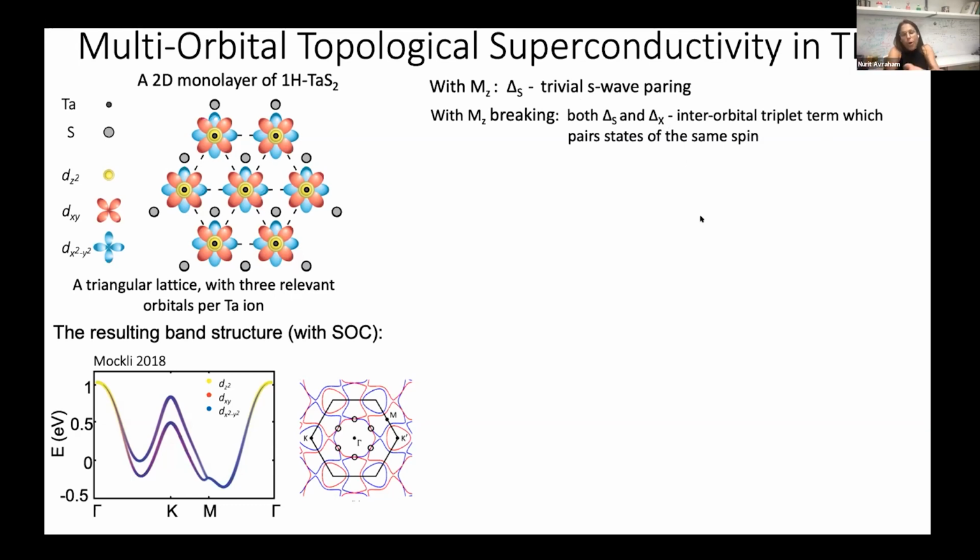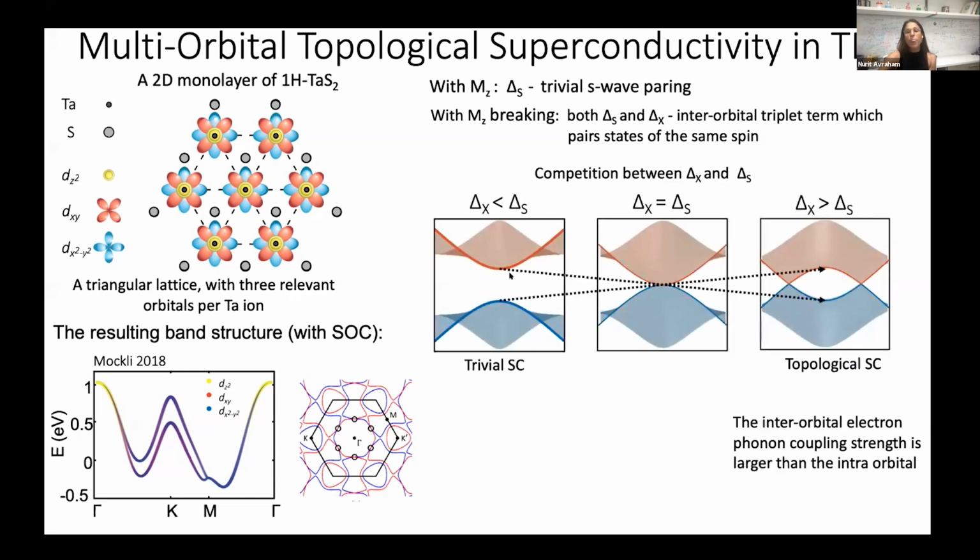And now the topological nature of the superconductivity will be determined by the relative strengths of the standard S-wave pairing and the topological pairing. It turns out that if delta S is dominating, then we'll see S-wave superconductivity throughout the Brillouin zone. However, if delta X and delta S become comparable, then the superconducting gap is suppressed around this region where we see this crossing.